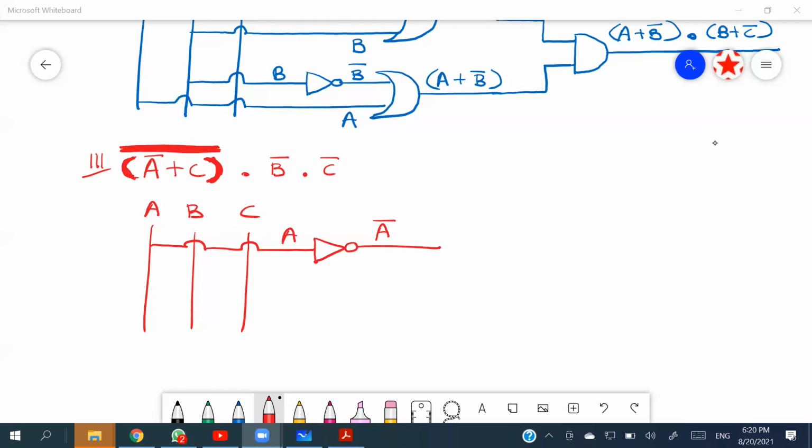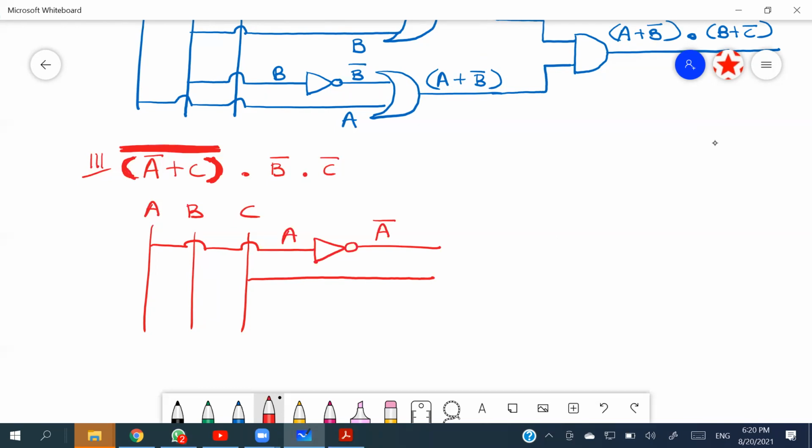And C is going to be created. Actually, you really don't need to create C. People, I didn't mention it in the question, so you can go with the basic gates when you are drawing. Since I'm not mentioning that, it doesn't matter, you can use the other gates as well, right?